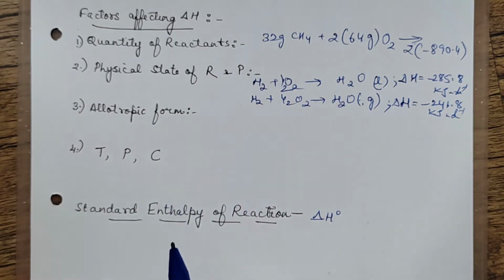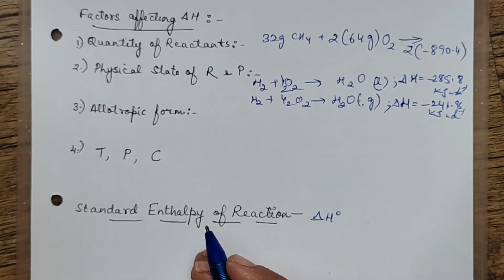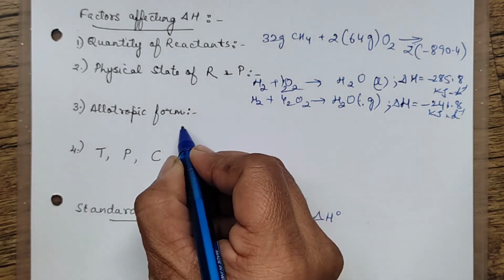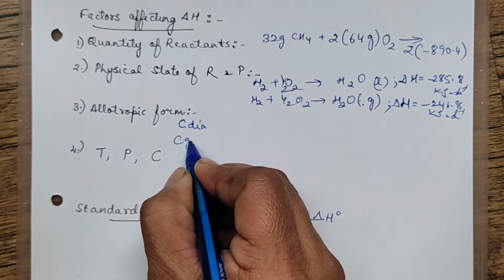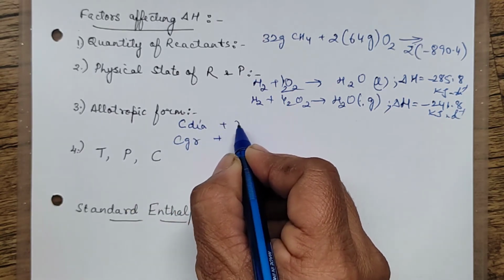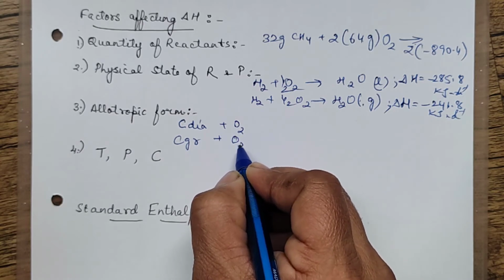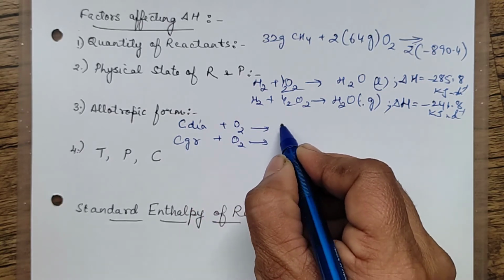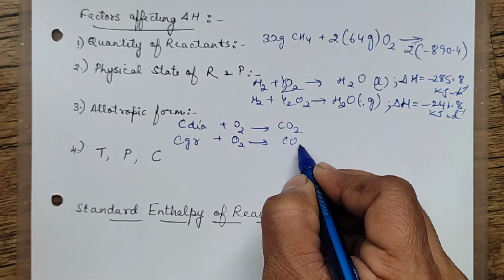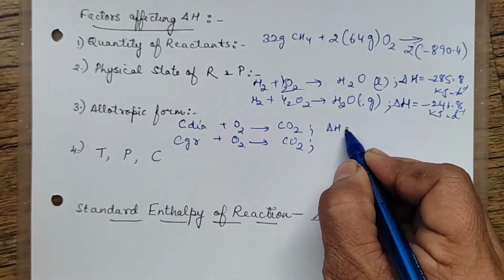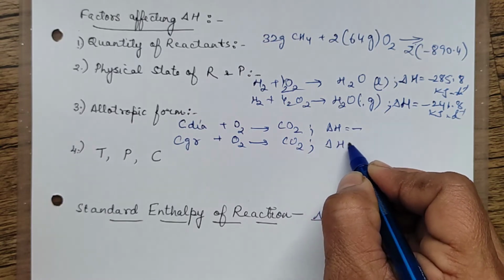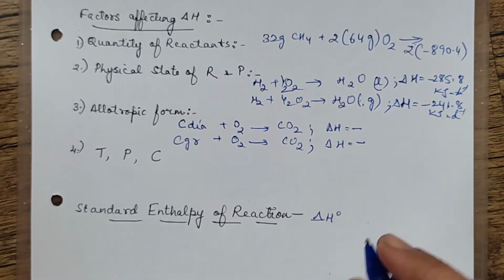Now allotropic form. Allotropic form means, suppose I take one particular example of say carbon. Carbon in the diamond form or carbon in the graphite form is undergoing combustion. Combustion means they are reacting with oxygen and both will definitely form carbon dioxide, and since both are combustion, obviously the delta H value has to be minus.